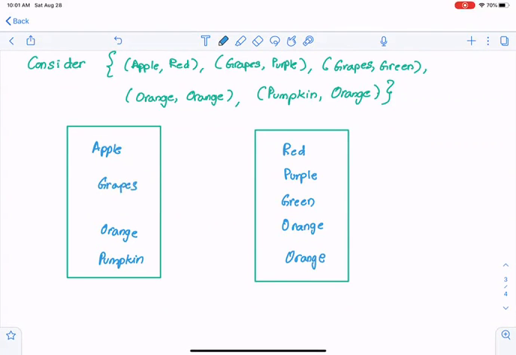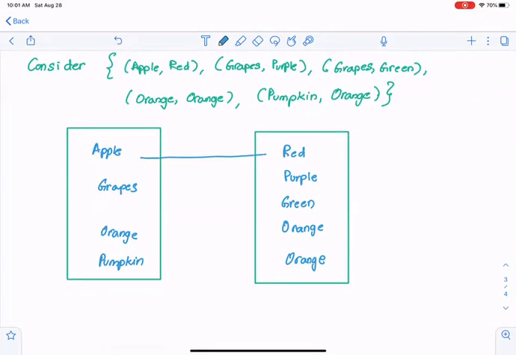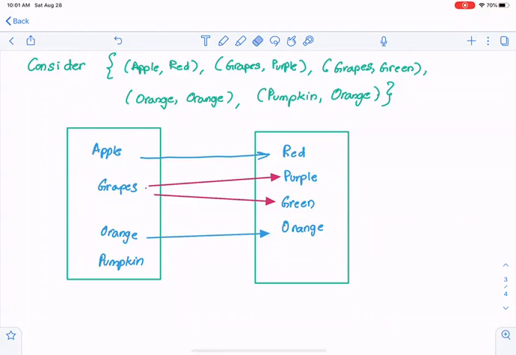And I'm going to connect them. So apple, red, grapes, purple, green, orange, orange, pumpkin is also orange.